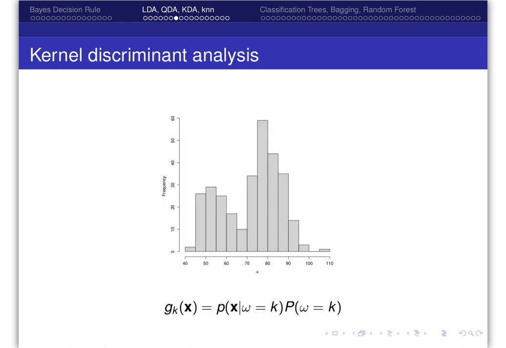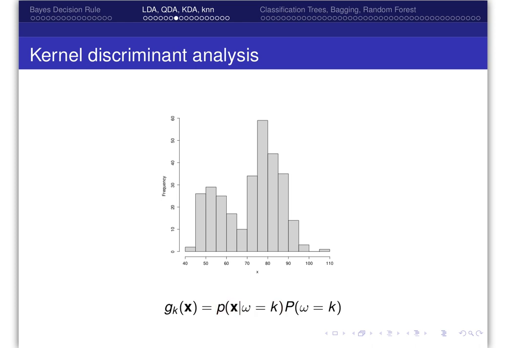Kernel discriminant analysis does not assume a parametric class conditional density, but rather estimates the class conditional densities nonparametrically by applying a kernel function and a smoothing parameter to the histogram. Consider the form of the kth discriminant. Kernel density estimation is used to estimate the class conditional density, which is then plugged in to estimate the posterior probabilities.